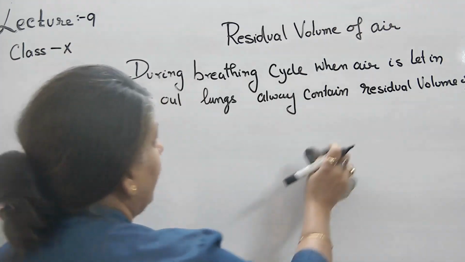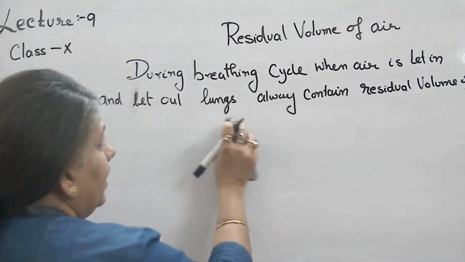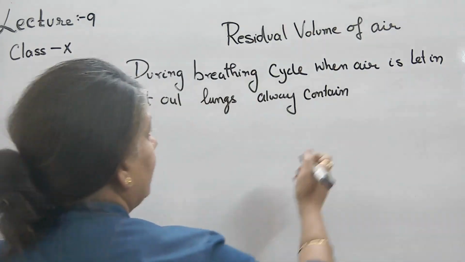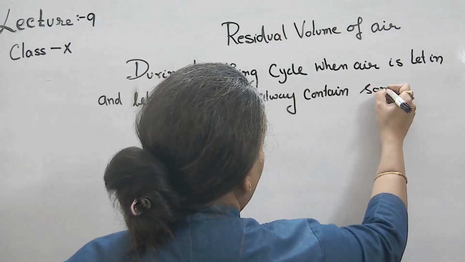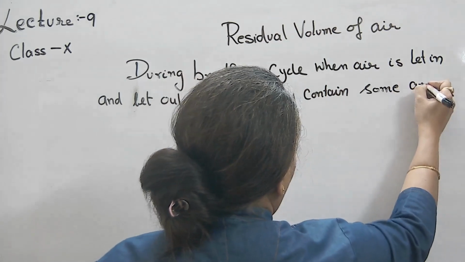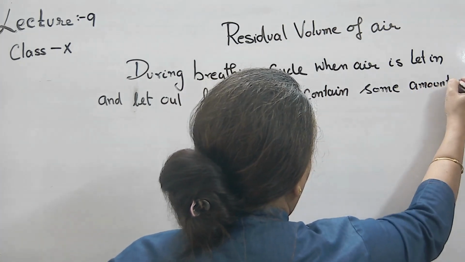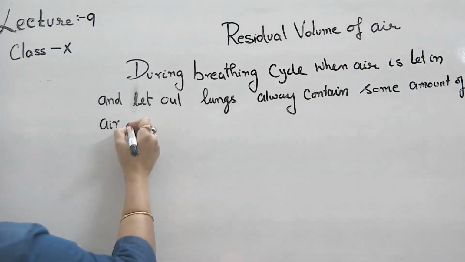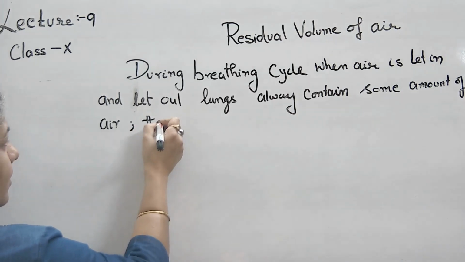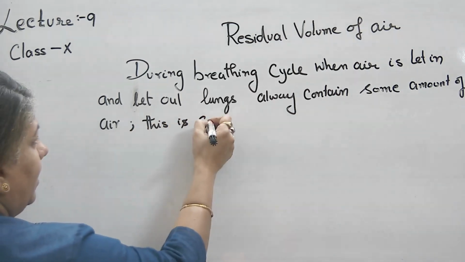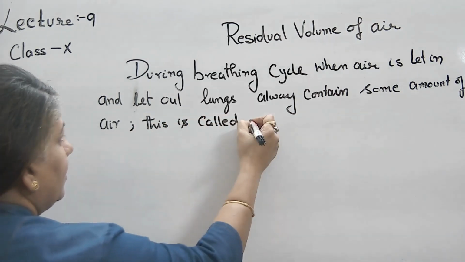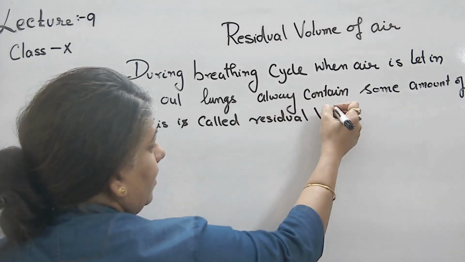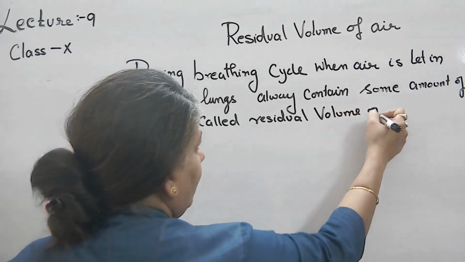So during the breathing cycle, when air is let in and let out, lungs always contain some amount of air, and this is called residual volume of air.